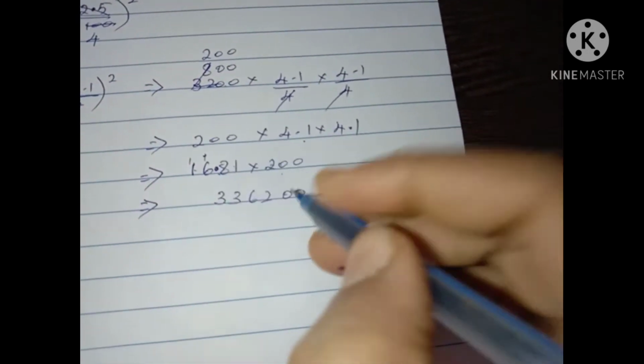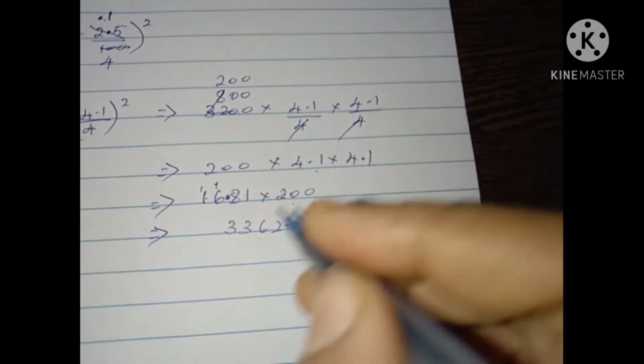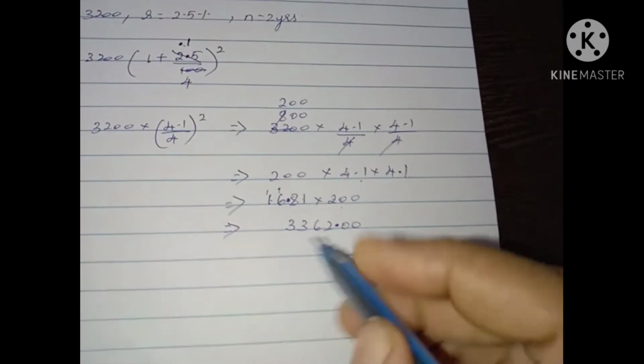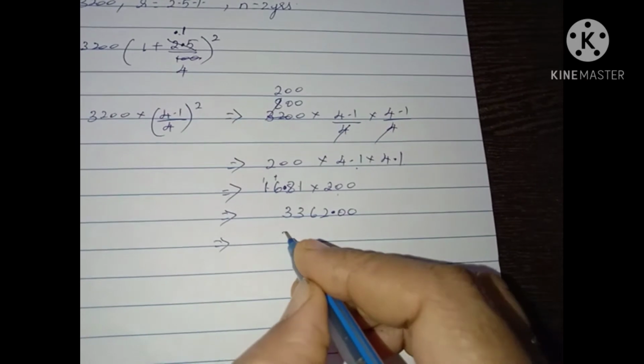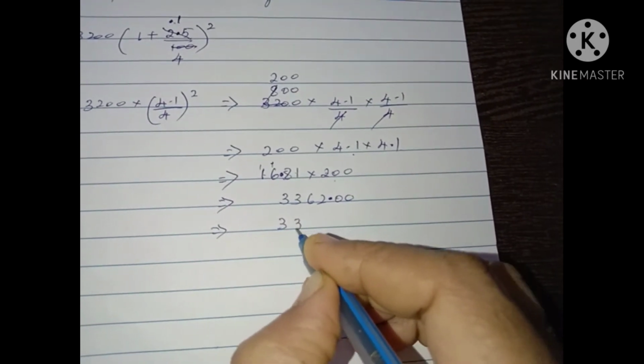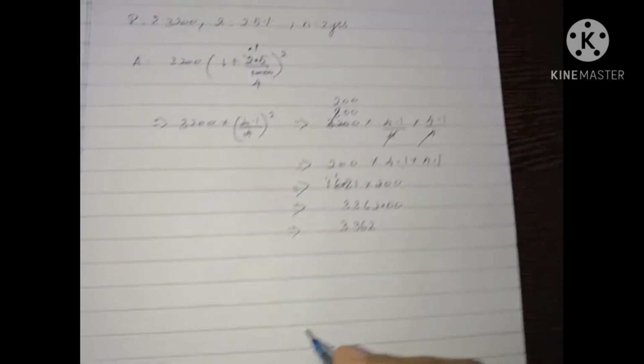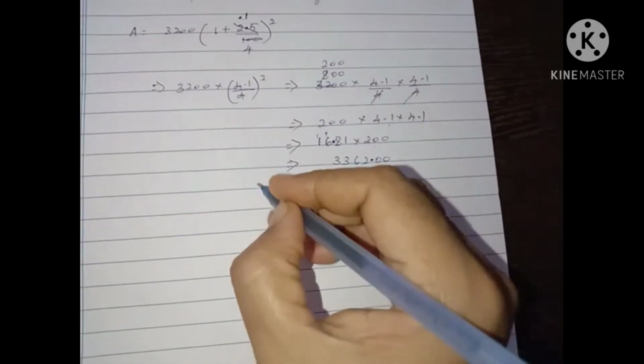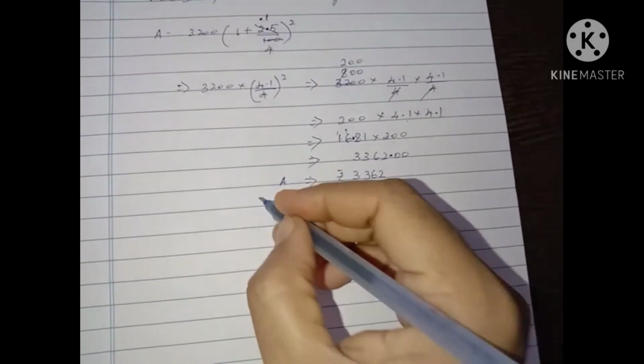So from your right hand side, before two numbers you have to keep the point. Therefore your answer is 3,362. A is equal to rupees 3,362.